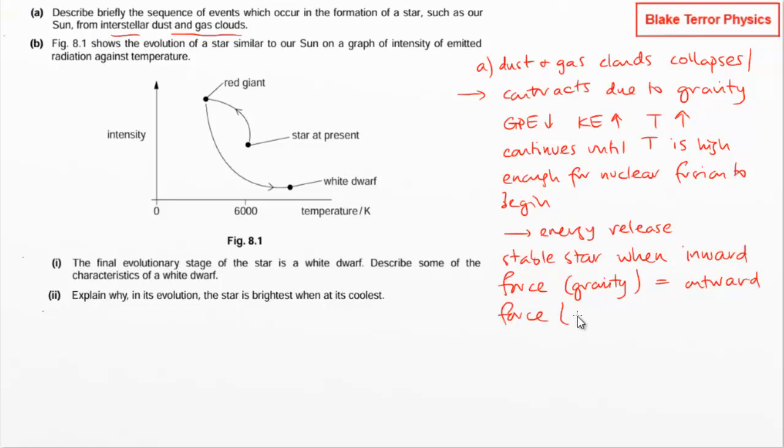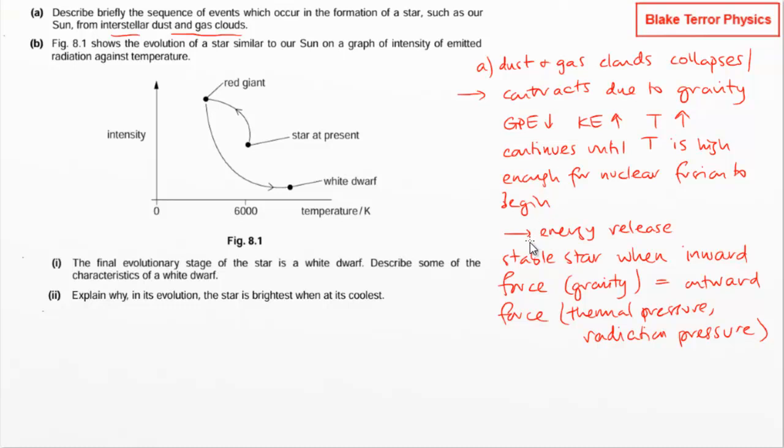And the outward force is going to be things like thermal pressure, our thermal motion, radiation pressure, things like that. So yeah, putting those in, and then we've got something that's stable. The kicking off of our nuclear fusion is going to be enough to stop the contraction. And obviously the contraction would stop anyway.